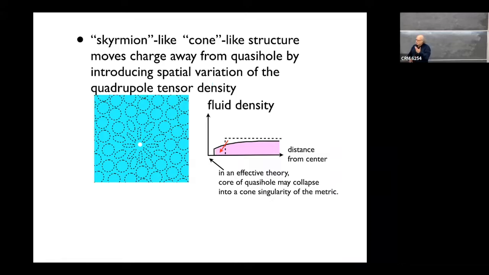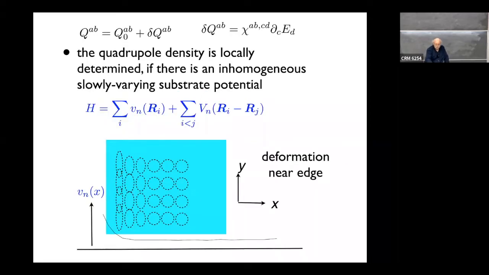It's regulated by a fourth order tensor, and that's precisely the one we see here. The long wavelength one is precisely this fourth order tensor.